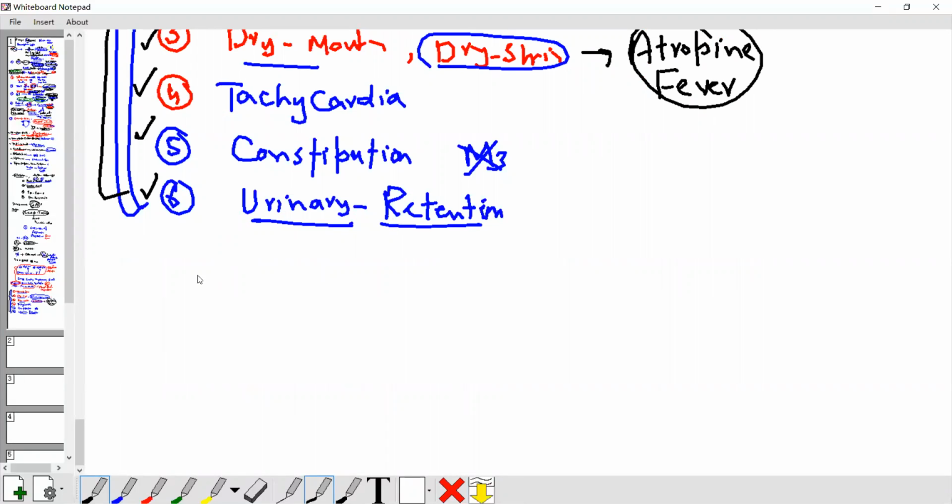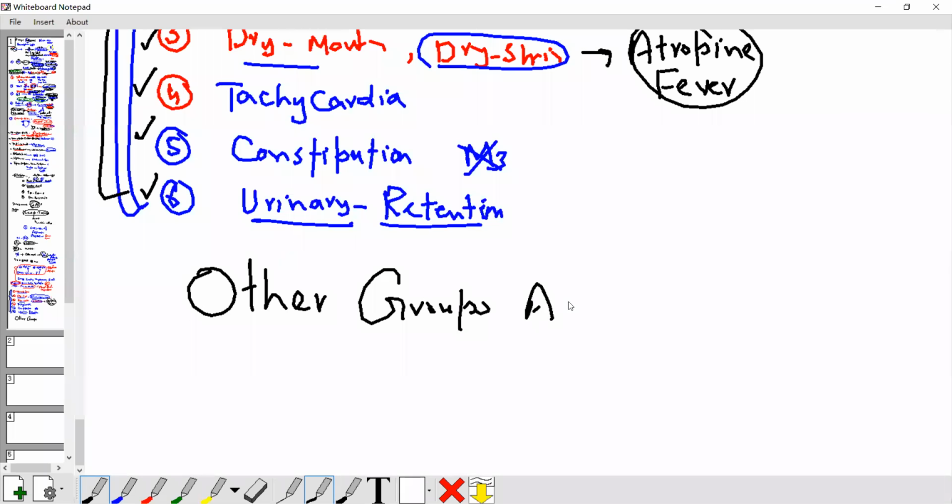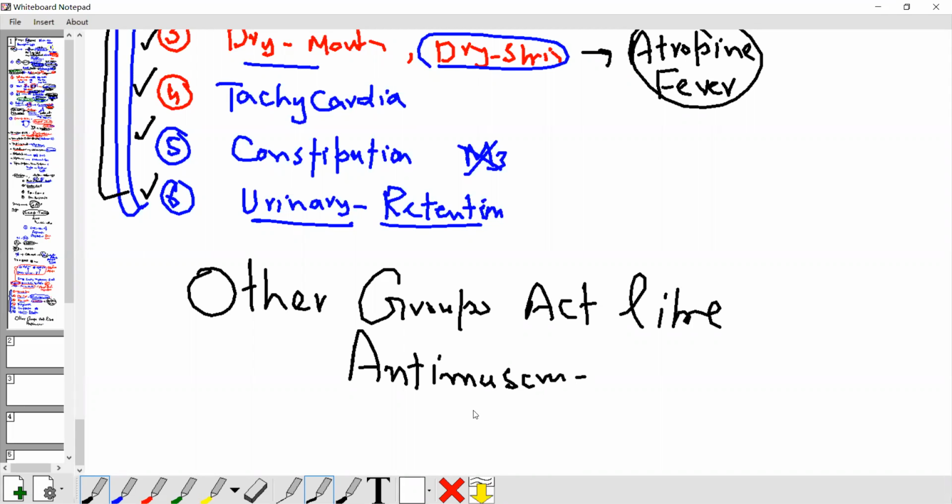Yes, sir. Okay, the other groups, right? Another thing: other groups also sometimes act like antimuscarinics.